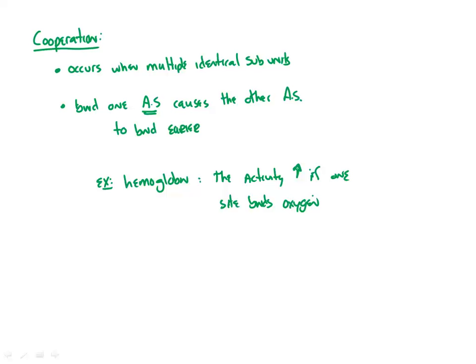Okay, so that's one way that we can control the functionality of it, by binding these activator or inhibitor molecules to specific regions on the protein. Another way that you can do the same thing is through covalent modification. And there are 2 examples for this.